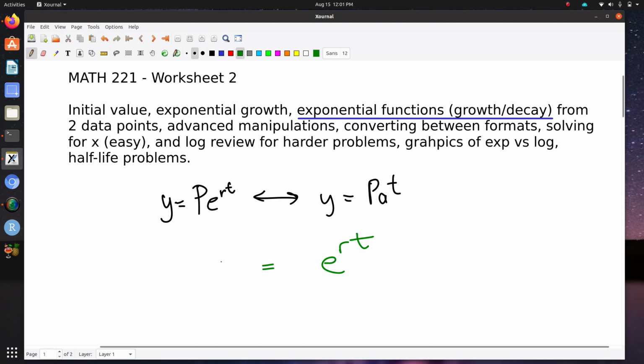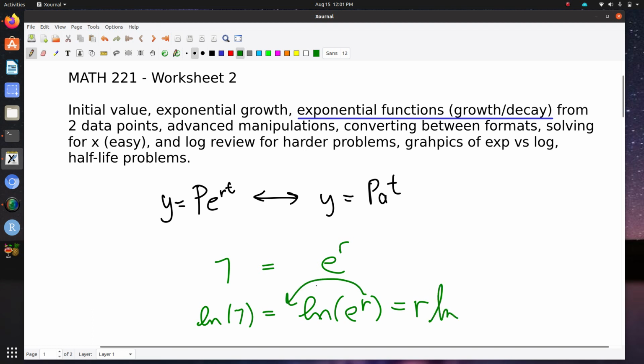What did I say? I think it was 7. And you know what? The t's, you can get rid of them too. And so if you want to find r, you just say natural log of 7 is equal to the natural log of e to the r, which is r. Because you can pull the exponent out, and the natural log of e is 1.